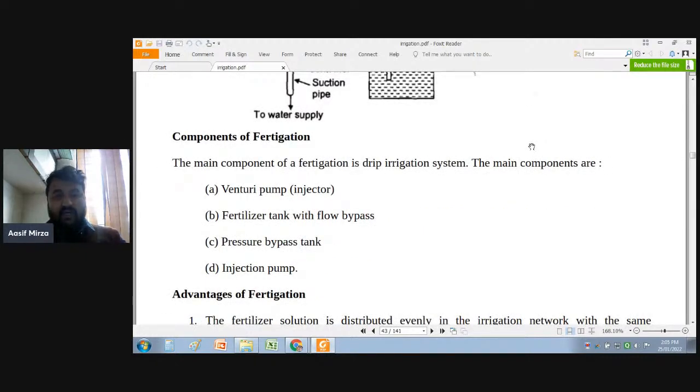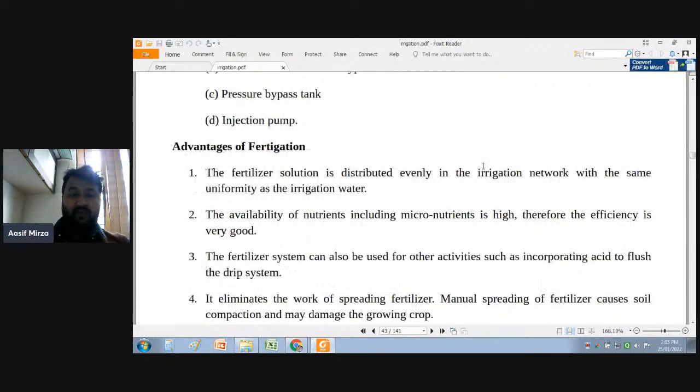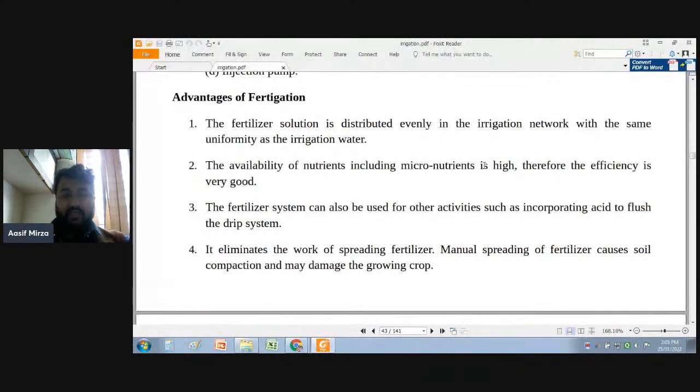pump. Now, what are the advantages of fertigation? The fertilizer solution is distributed evenly in the irrigation network with the same uniformity as the irrigation water. The availability of nutrients, including micronutrients, is high. Therefore, the efficiency is very good. The fertigation system can also be used for other activities, such as incorporating acid to flush the drip system.